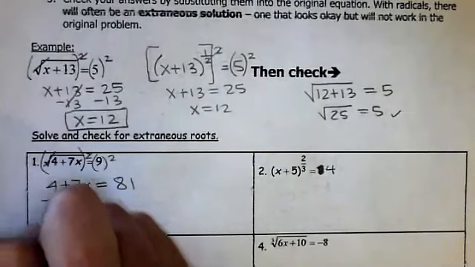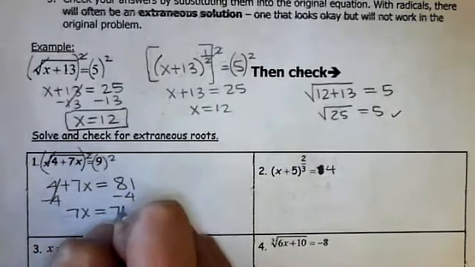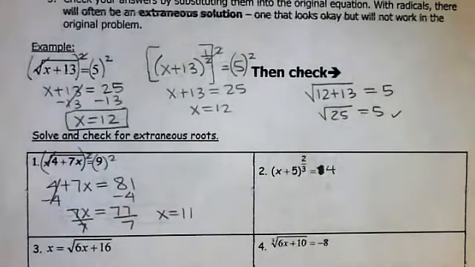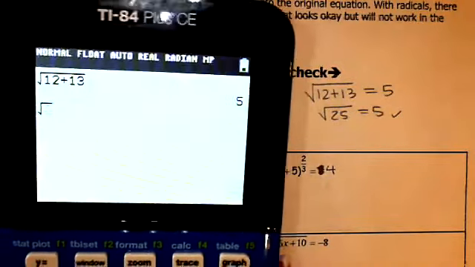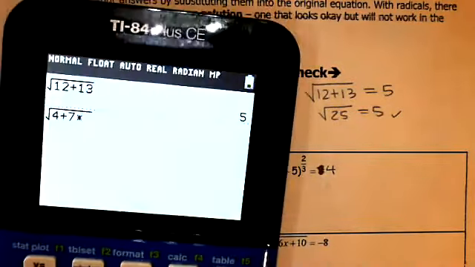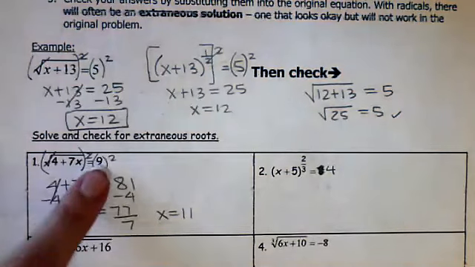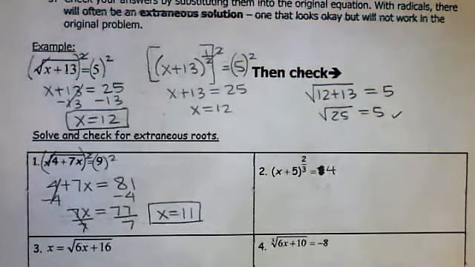We subtract the 4 to get it to the other side, and we get 7x is equal to 77. I divide by 7, and x is equal to 11. Remember, don't stop there. Make sure you plug it in, and it does work. And so we take the square root of 4 plus 7 times 11, and that is 9, which is what it said it was equal to. So that works. That's my answer.